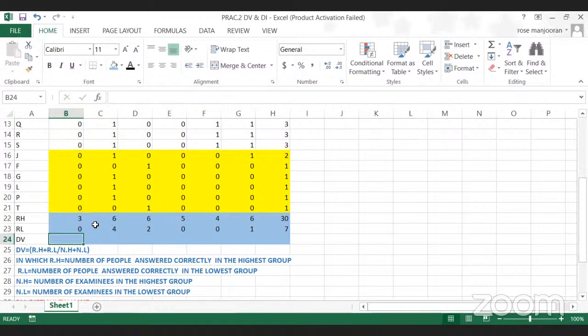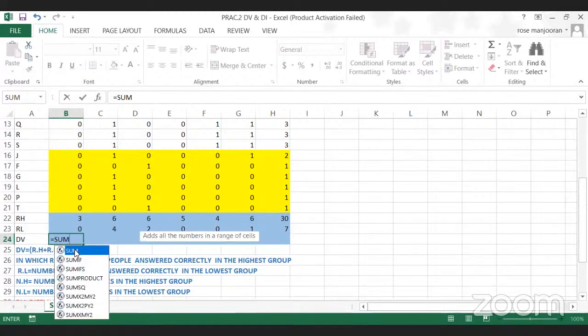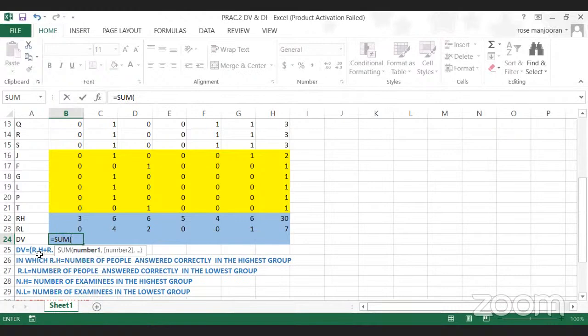Number of examinees. So what we are going to do here is type equal to, then write sum, select the RH, the highest one, then plus it, then select the lowest and close the bracket.